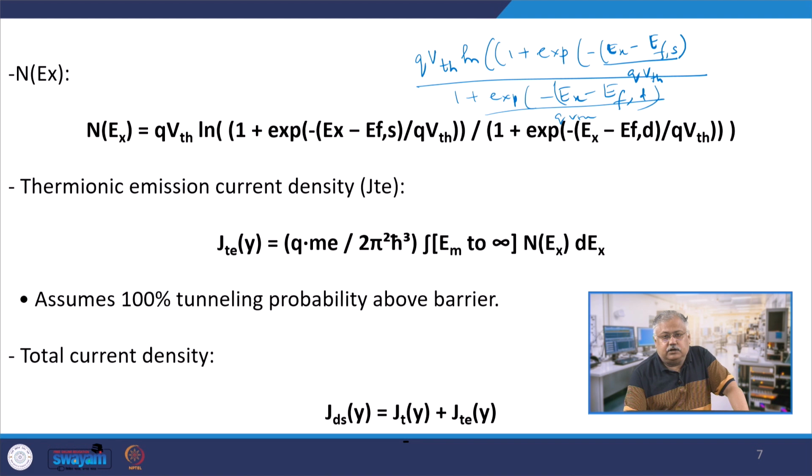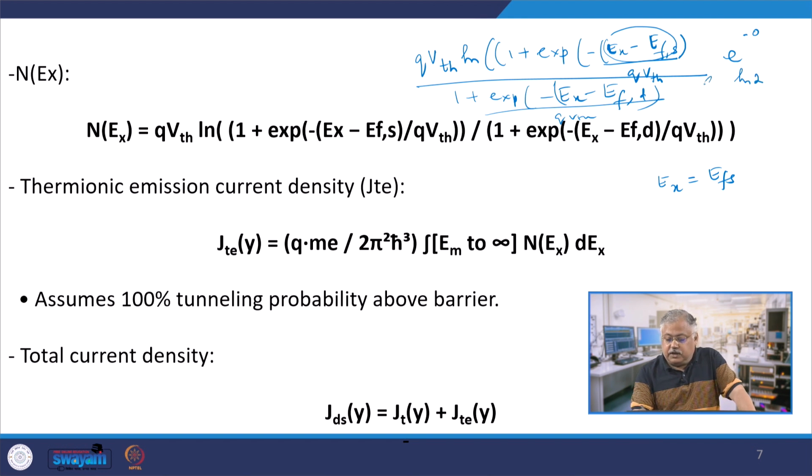Now, it looks complicated, but it is not. Ex is basically the energy at any point x in the channel, Efs is the Fermi level at the source, Efd is the Fermi level in the drain, and Vth is the thermal equivalent voltage. And from here we can see that if I assume Ex equals Efs, then this becomes almost equal to 0, so it becomes e to the power minus 0, which is 1, and 1 plus 1 is 2, so natural log of 2 will come out.